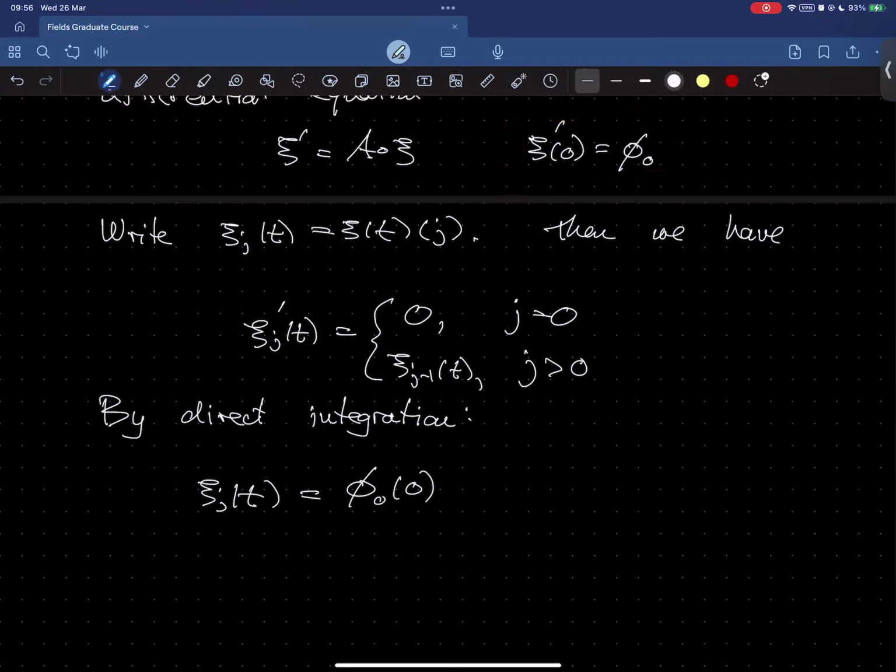Then it's t to the j over j factorial. And this is valid for any t in whatever interval you're solving the differential equation, and for any j.